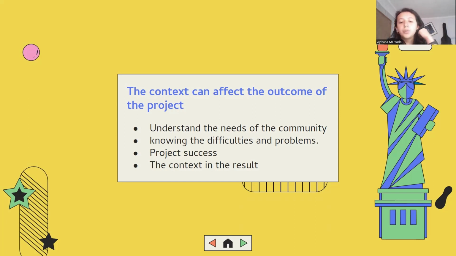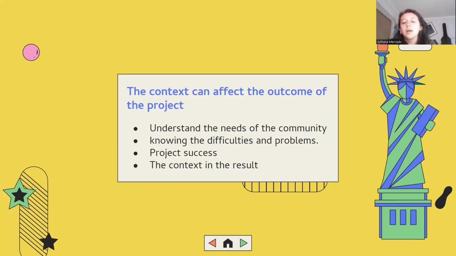And in order to define the project as successful, we must take into account all the information that can be obtained from the community members. This information helps us to know if the project will work not only in the short term, but also in the long term.